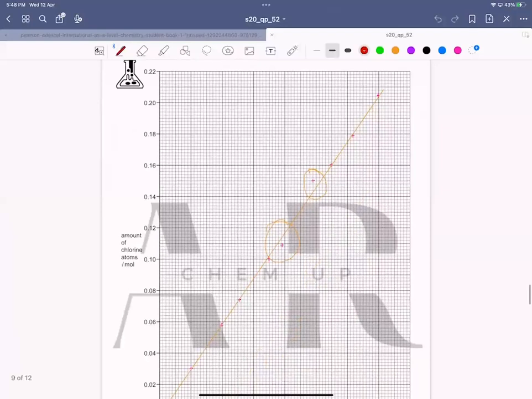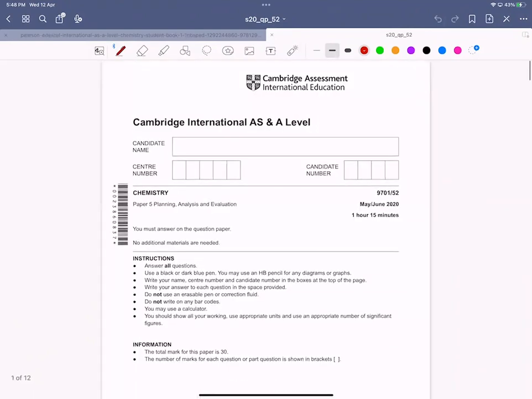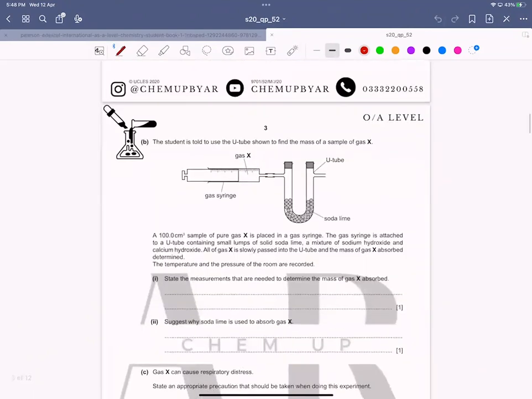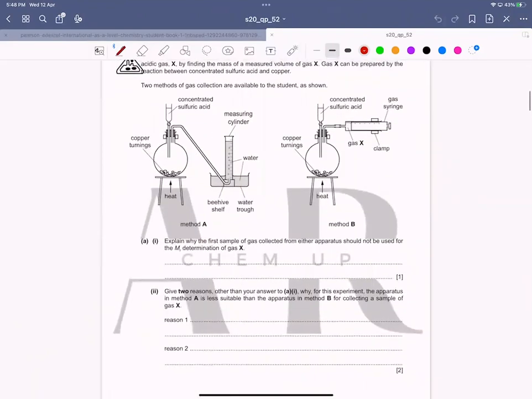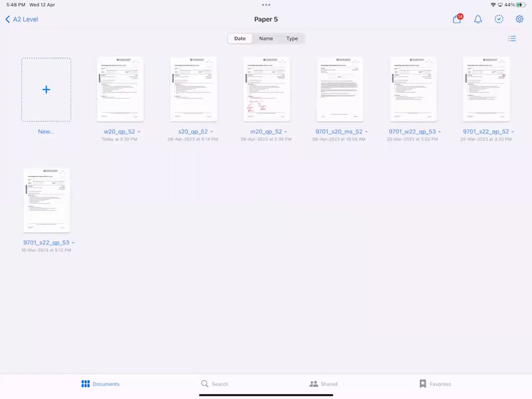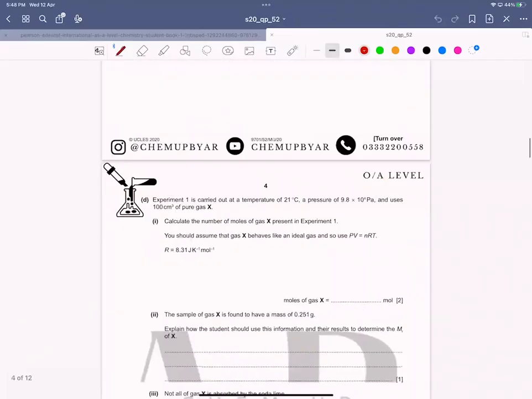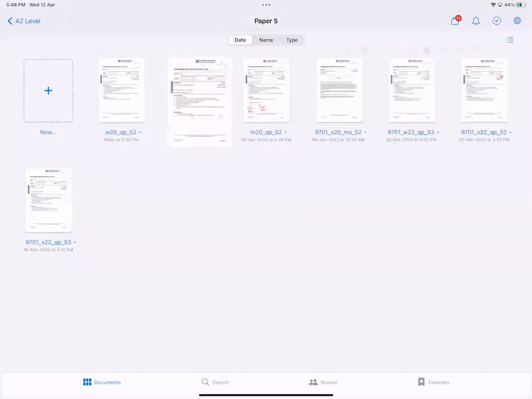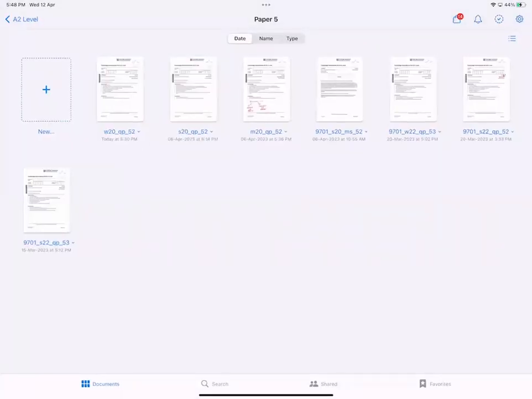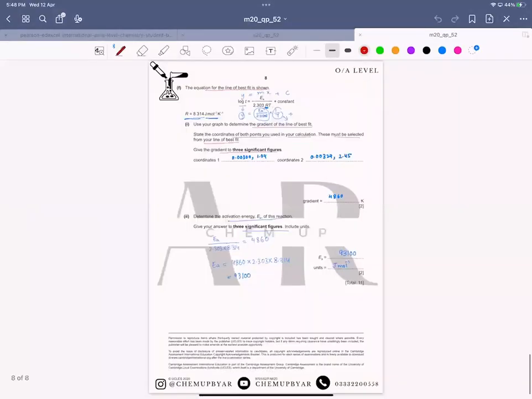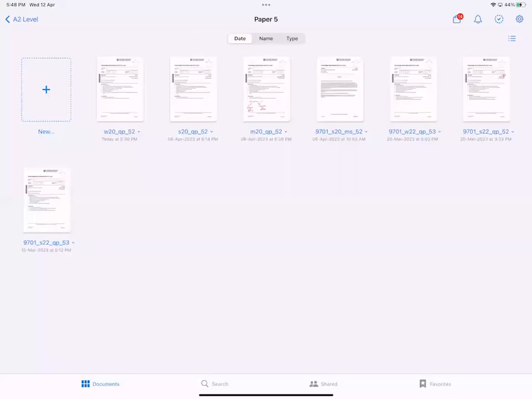So we have completed this graph in the previous class, right? Which paper were we doing in the previous class?